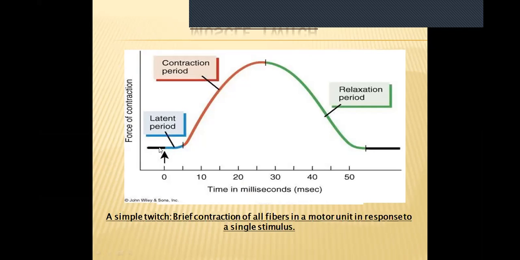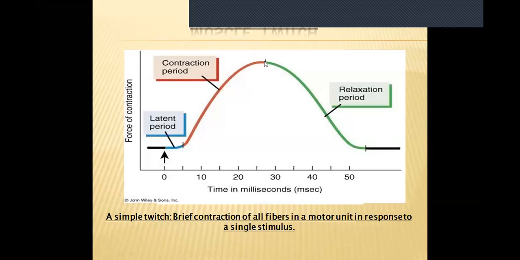In this phase, calcium concentration gradually increases in the cytoplasm of the muscle, or sarcoplasm. Once the calcium concentration in the sarcoplasm reaches the required quantity, muscle contraction will automatically start. So once the calcium ion concentration reaches this threshold limit, the muscle contraction period will start.